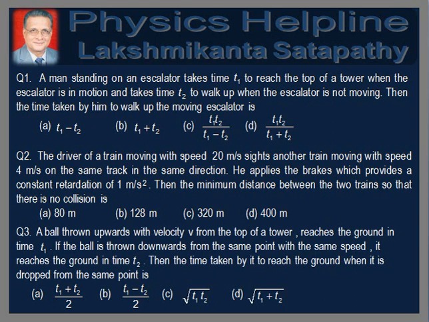Then the time taken by it to reach the ground when it is dropped from the same point is. The options are t1 plus t2 divided by 2, t1 minus t2 divided by 2, root over t1 into t2 and root over t1 plus t2.